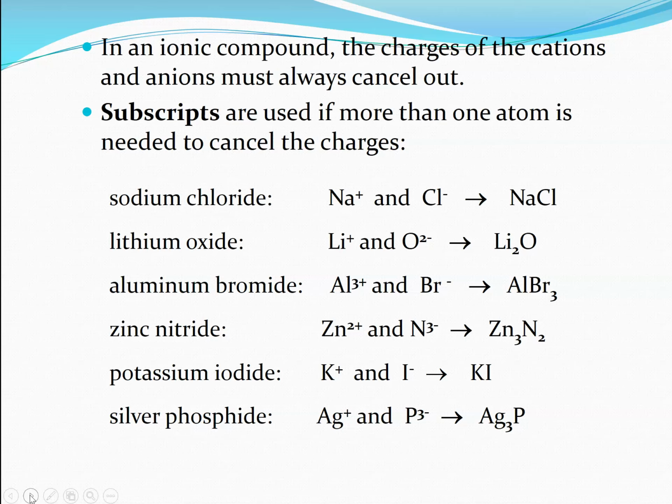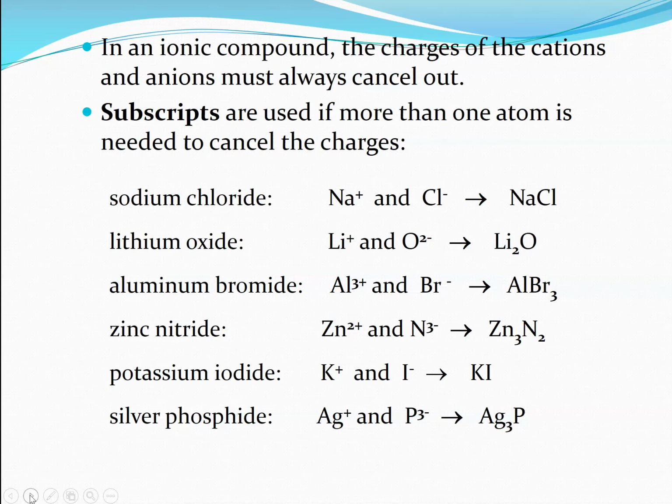Aluminum bromide, on the other hand: aluminum has a 3+ oxidation number, and the bromine has a -1 oxidation number. They're not the same number, opposite charges. So the 3 from the aluminum becomes a subscript of bromine, and the 1 from the bromine becomes a subscript of aluminum. Notice aluminum doesn't have the 1 written, because if it's a 1, you don't have to write it.